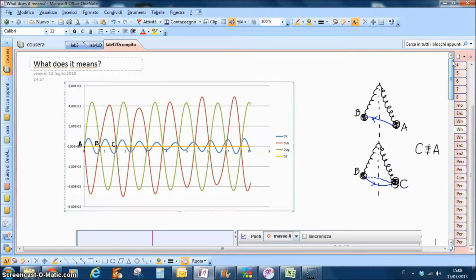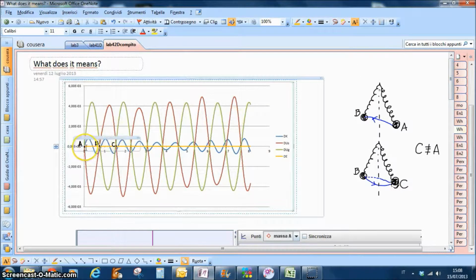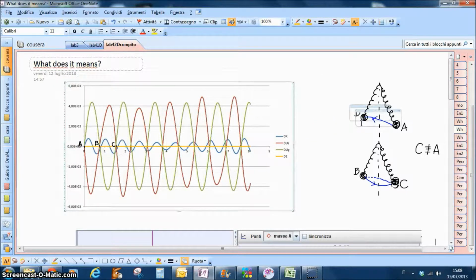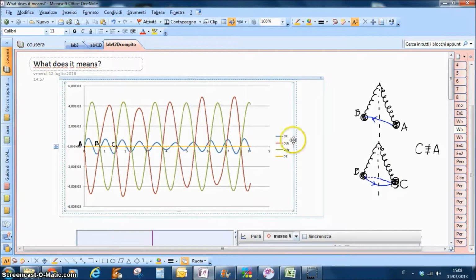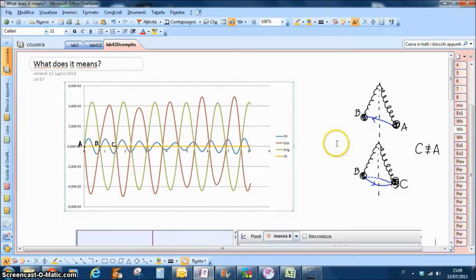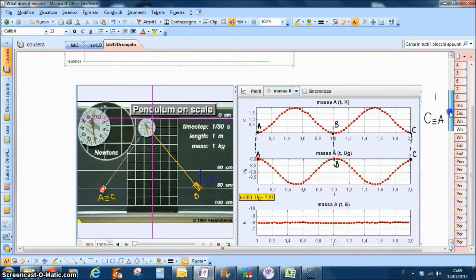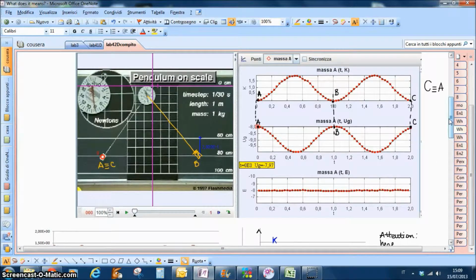We can note that the initial ball position is A, after one swing to the left is B, and after another to the right is C. The point C does not correspond to the point A. In fact, C is higher than A. If we consider a simple pendulum, after a full swing, C is in the same position as A, and K and U have the same maximum and minimum at the same time.